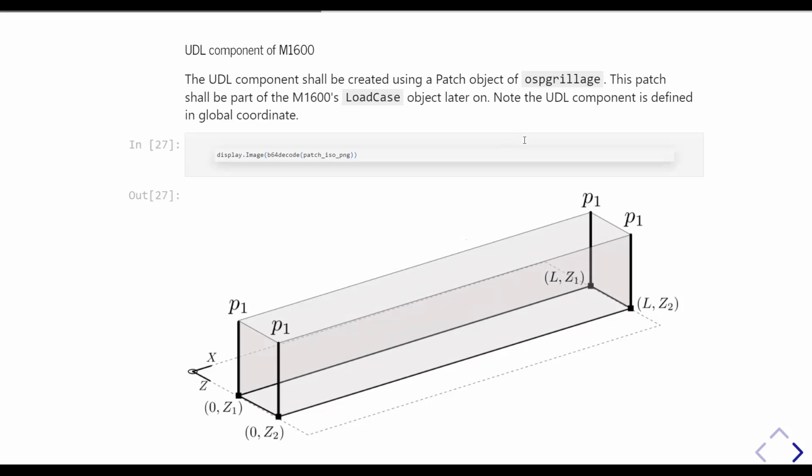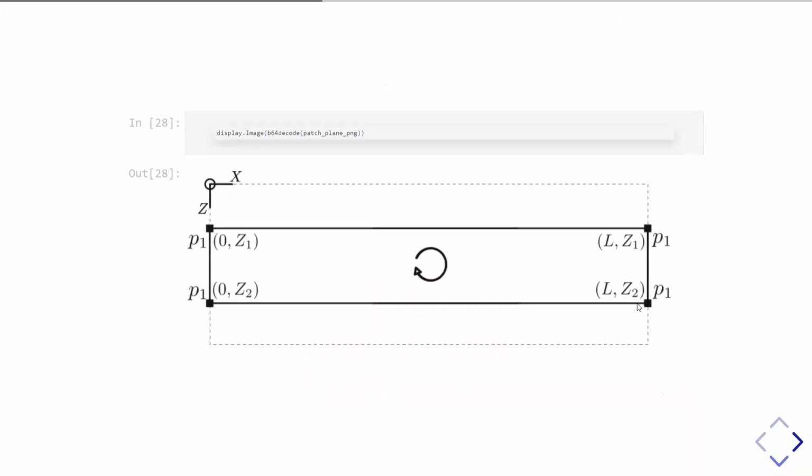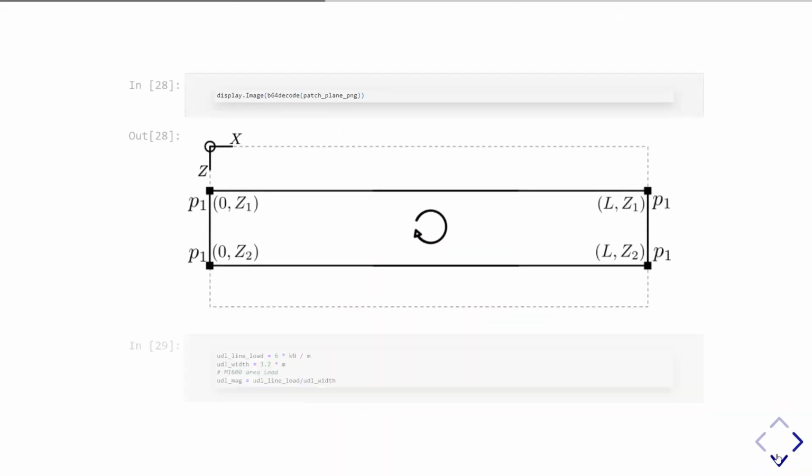So we're going to use the patch load to define our lanes. There will be 3 lanes, so we use 3 patch loads here. Again, for the patch load, some properties we use: P1 magnitude.